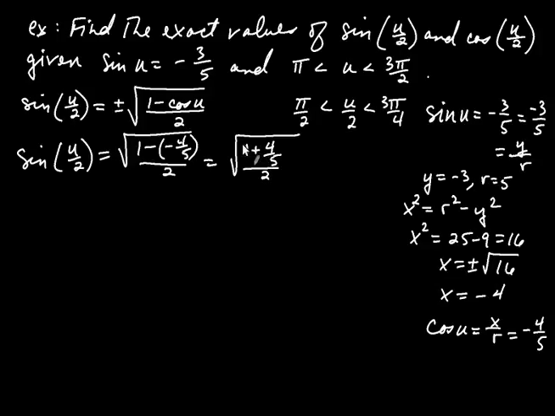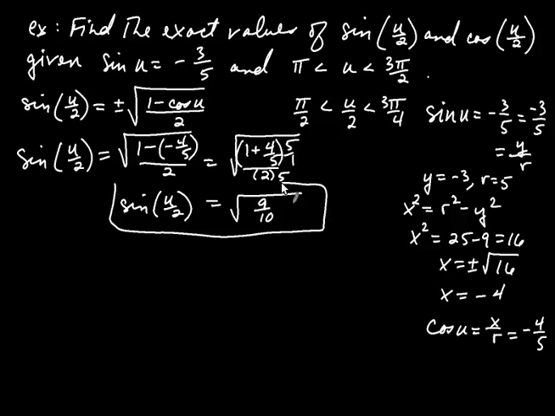Then I can multiply top and bottom by 5. Distributing the 5, it's 5 plus 4, so the square root of 9/10. And that's sine of u over 2, positive square root of 9/10. Okay, so that's the first part of my first answer.